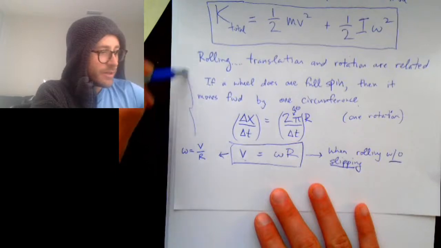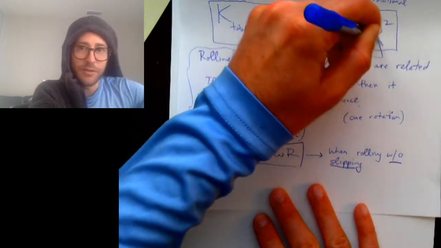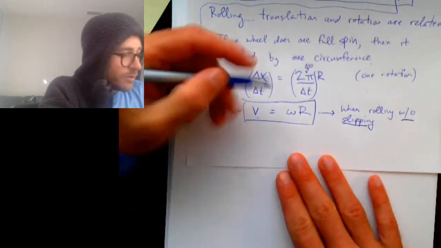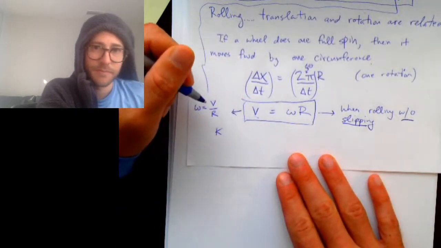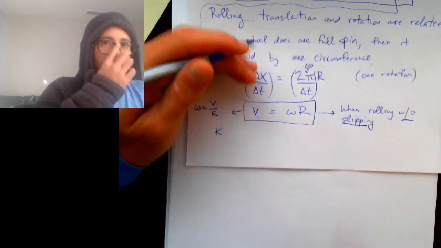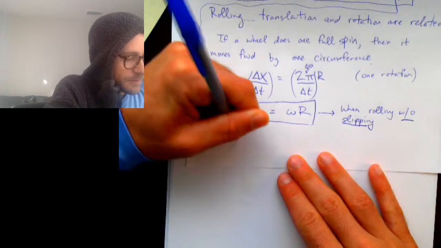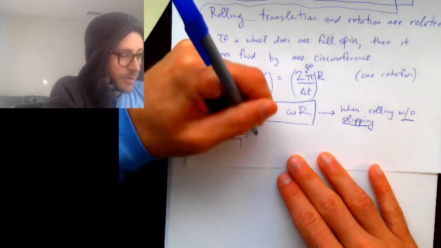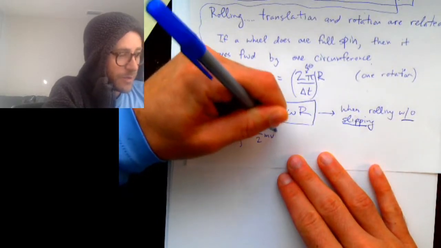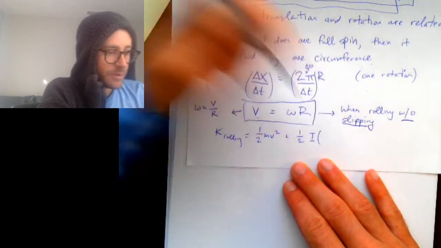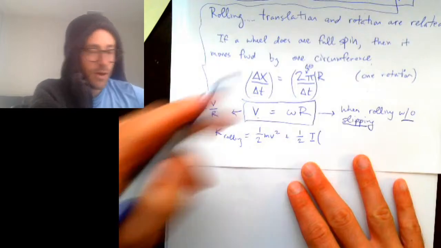And then I'm going to take this and plug it into that equation. So your kinetic energy while rolling is going to be equal to 1/2 mv squared plus 1/2 I times V over R, quantity squared.